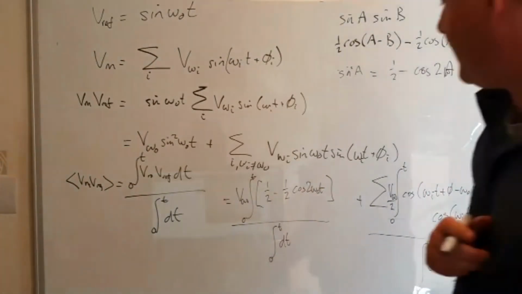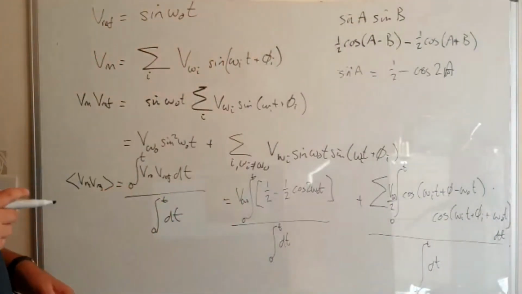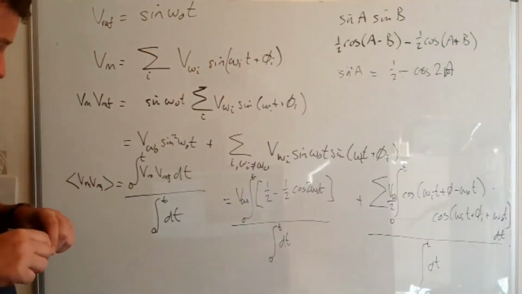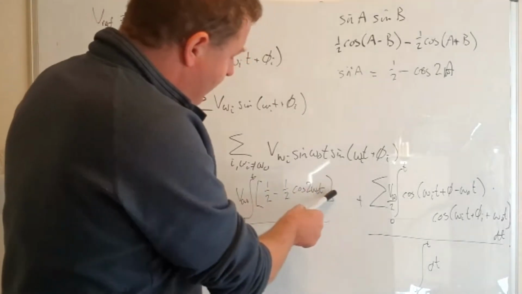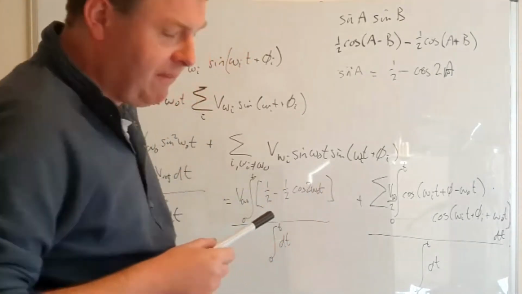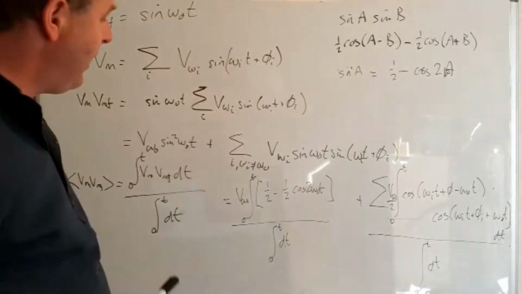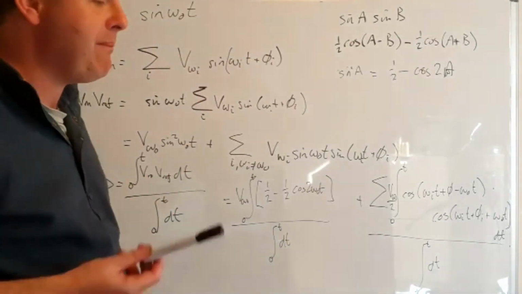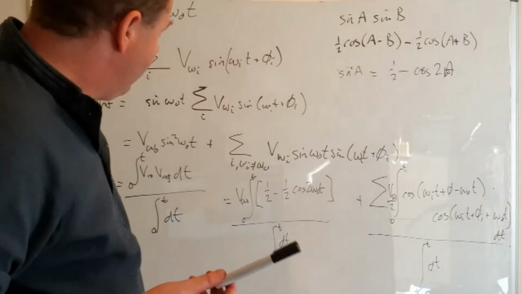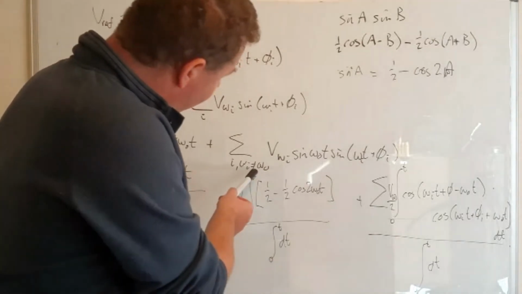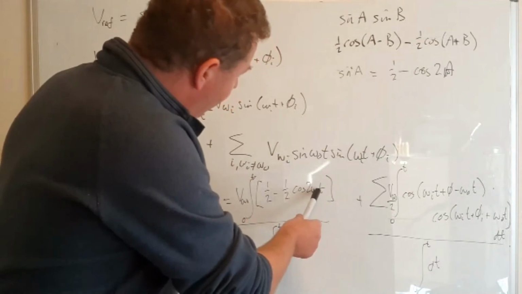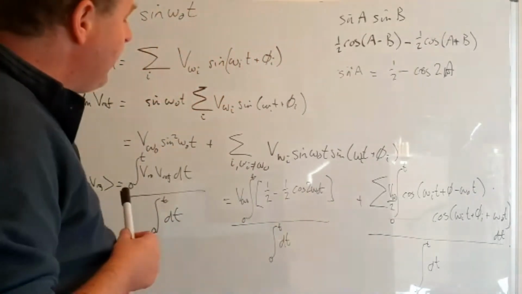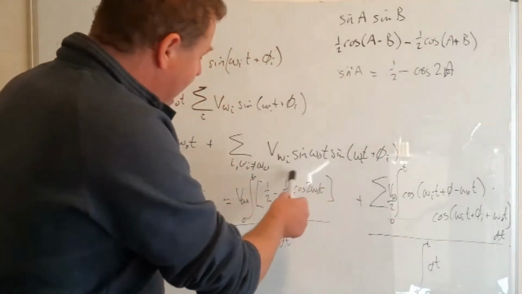Now we don't actually need to evaluate many of these integrals, because if you stop and think about this, if we integrate this over time, it's just a cosine function, and a cosine function oscillates plus and minus, so its integral over time must be approximately 0. Certainly if we integrate for a time t which is much, much bigger than the period, where 2 omega naught t is equal to 2 pi, then this integral must go to 0.